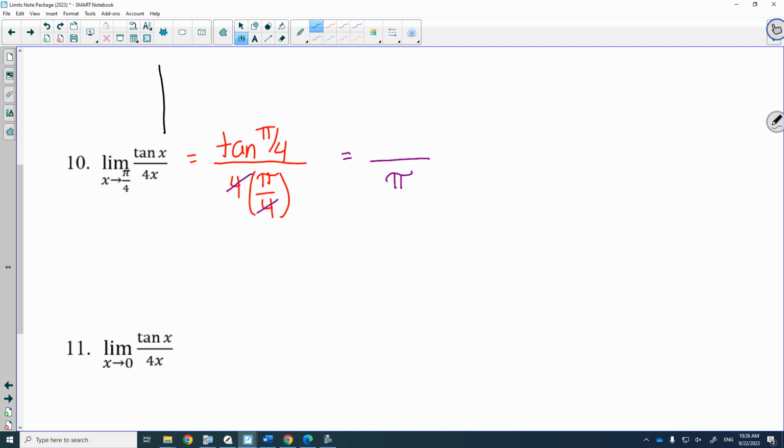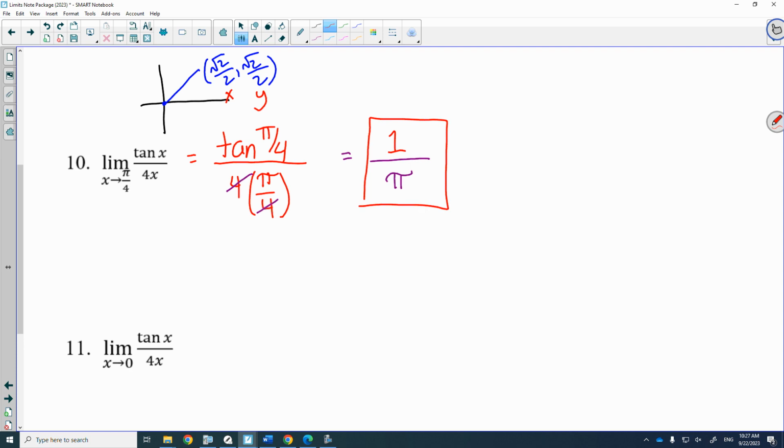Now, from your unit circle, you have to know what tan at pi over 4 is. Remember that tan is y divided by x, so it's root 2 over 2 times the inverse of this, but tan at pi over 4 is 1. And that would be your answer.